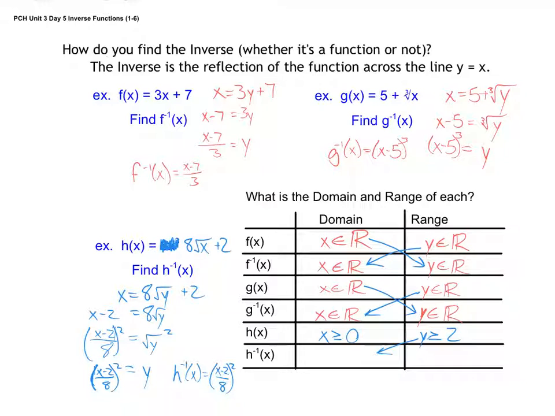Okay? So, we're going to now say x is greater than or equal to 2. That's our domain. Okay? And our range would be what? Greater than or equal to 0. Good. Y is greater than or equal to 0. Okay?